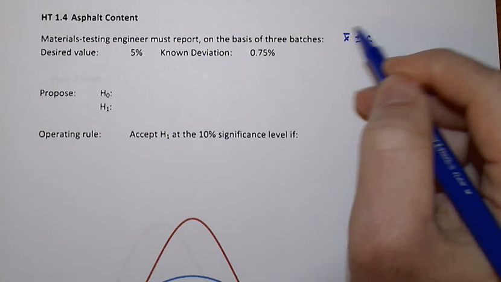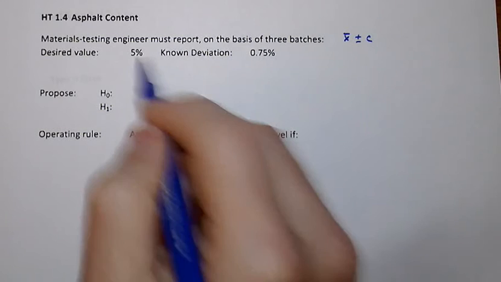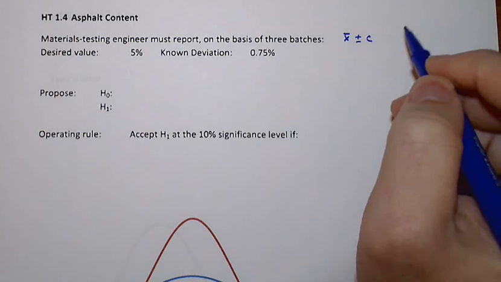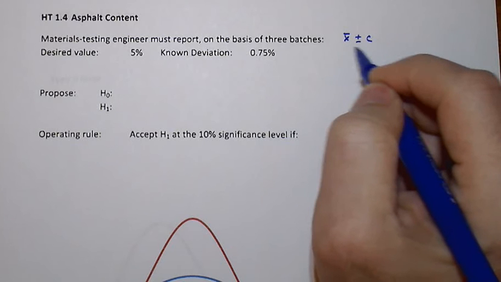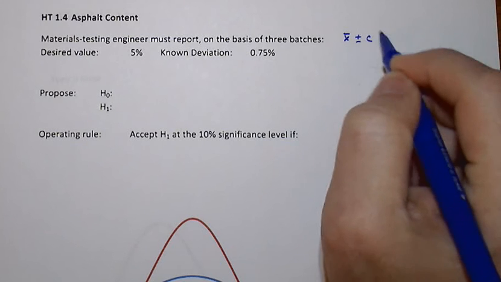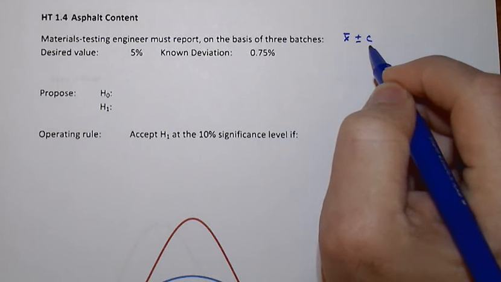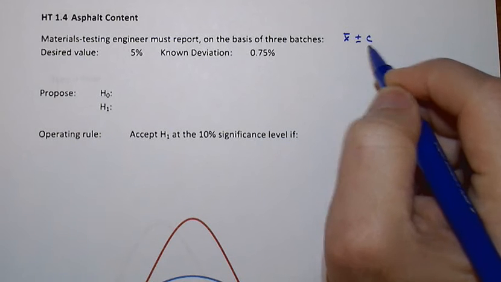Right? How representative is this? Is this getting us close to the desired value? So they're going to look at this range here. Ultimately, we're going to start trying to figure out, well, what should that C be under different kinds of conditions.